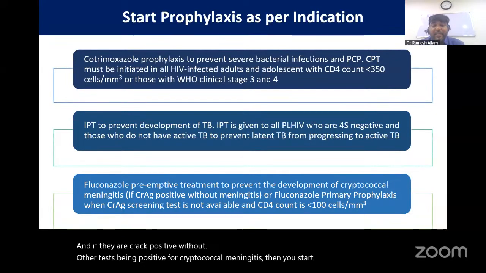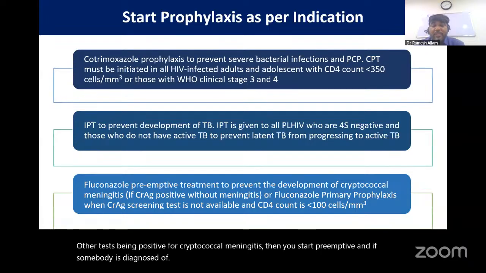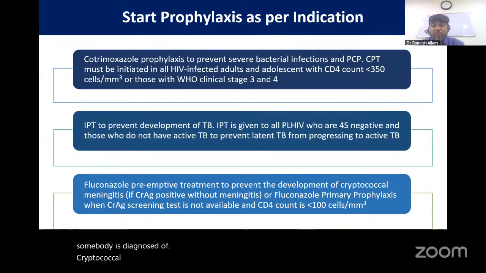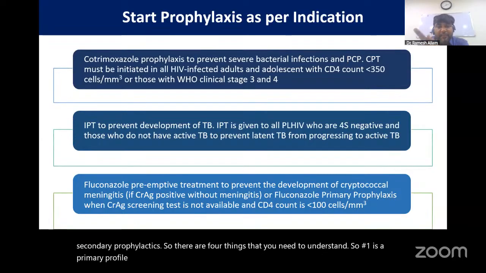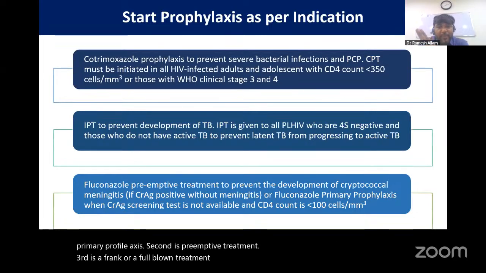And if somebody is diagnosed with cryptococcal meningitis, we put them on a full-blown treatment. And after treatment, we provide secondary prophylaxis. So there are four things that you need to understand. Number one is primary prophylaxis. Second is preemptive treatment. Third is a frank or full-blown treatment for cryptococcal meningitis. And fourth is the secondary prophylaxis.